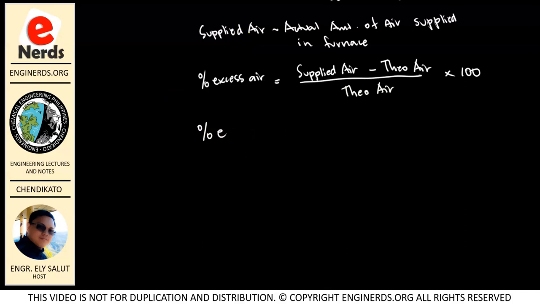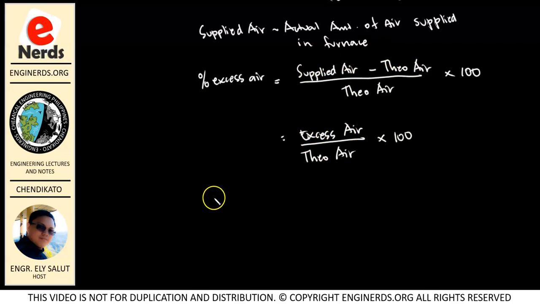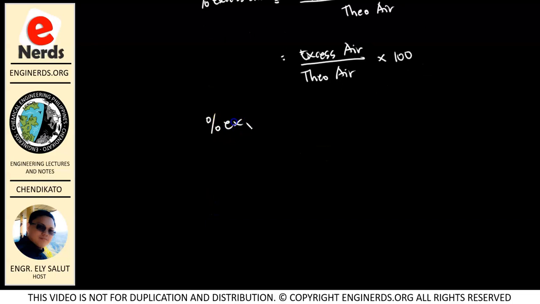Let me erase this first. Okay? So supplied minus theoretical will be equal to the actual excess air, di ba? So, yan yung number of moles ng excess air divided by the theoretical air times 100. So, pareho lang yan. Ha? Supplied minus theoretical is the excess air. Now, how about for percent excess O2?